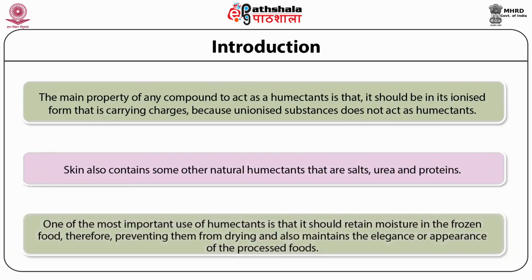One of the most important non-pharmaceutical uses of humectants is that it retains the moisture in frozen foods. Therefore, it prevents it from drying as well as maintains the elegance and appearance of the processed foods.